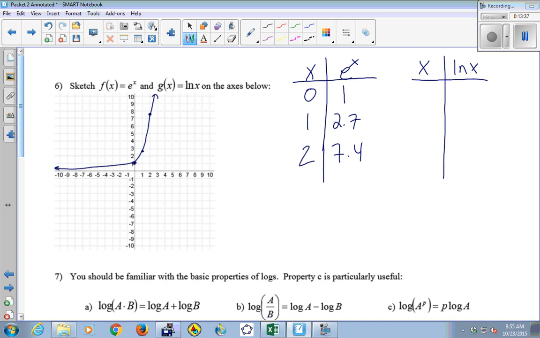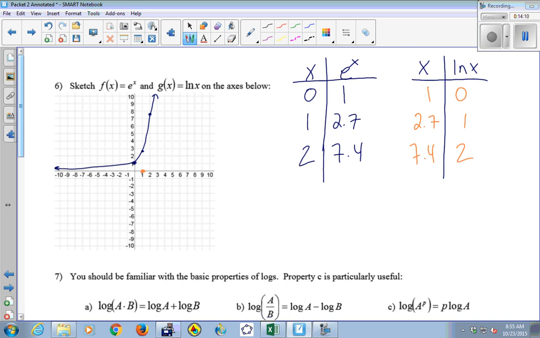Okay. And then if I graph ln x, inverse functions just swap the role of x and y. So my table of values is going to just take each point on e to the x and switch the coordinates. So we'll have 1, 0; 2.71, 1; 7.4, 2. And that should be good enough to start. And then I'm just going to make sure that I mirror over the line y equals x.